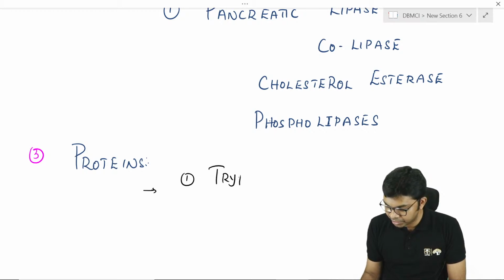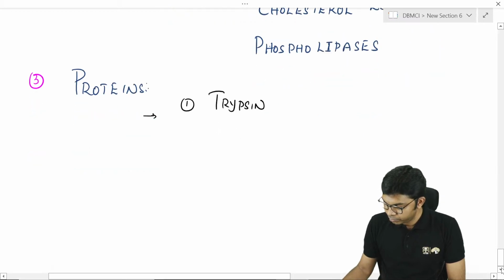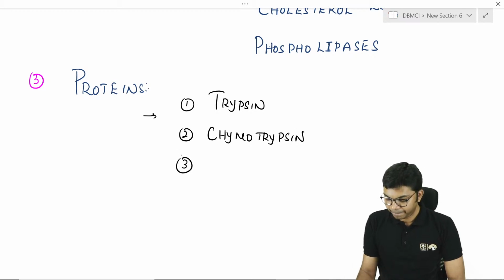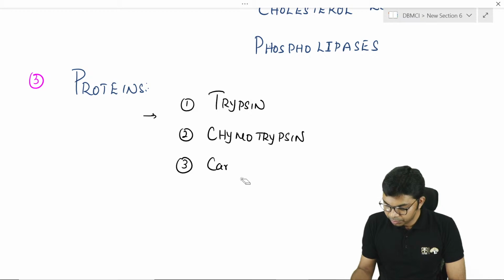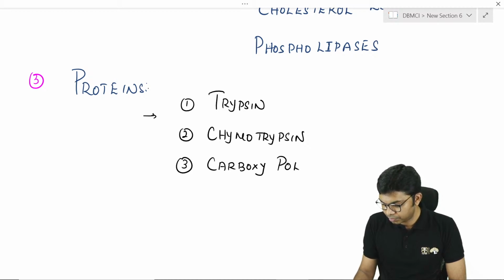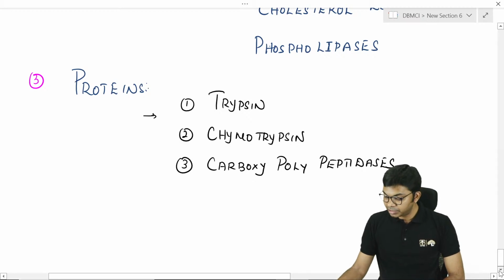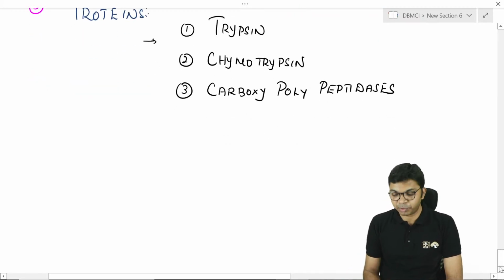The very important enzyme is trypsin, number 2, chymotrypsin, number 3, carboxypolypeptidases. Trypsin, chymotrypsin and carboxypolypeptidases, these are all the enzymes secreted by pancreas for protein digestion.